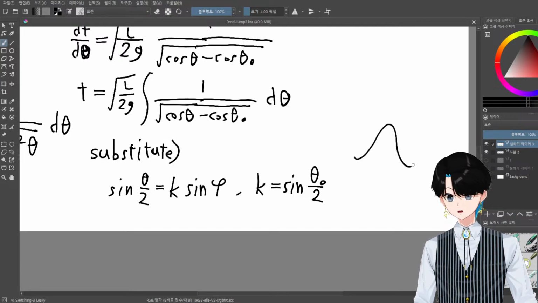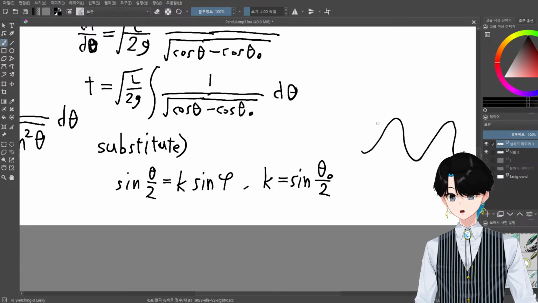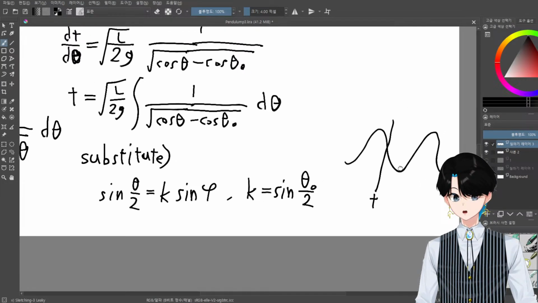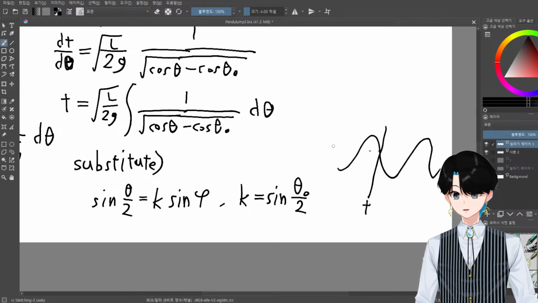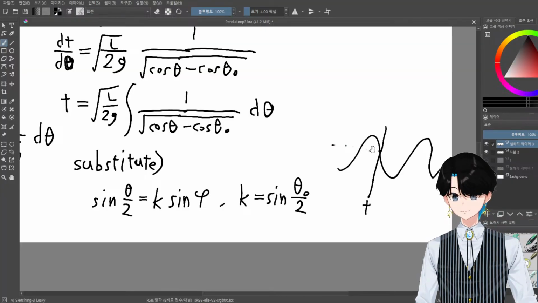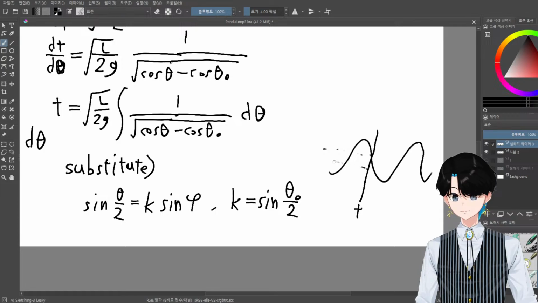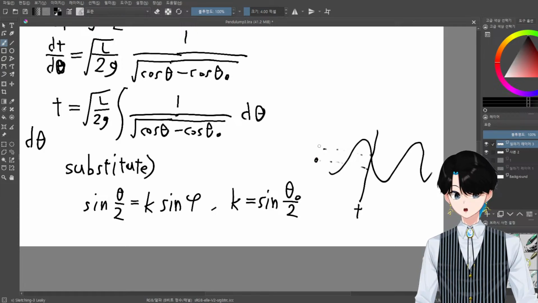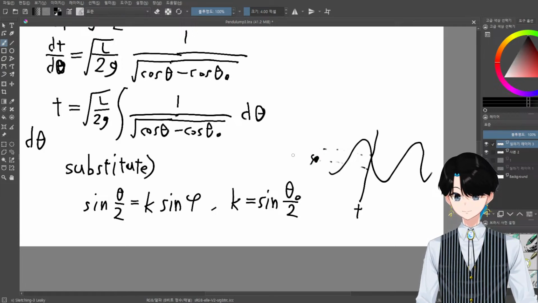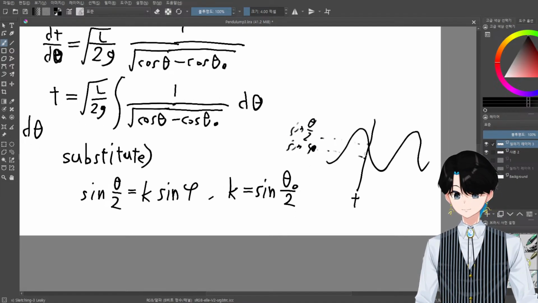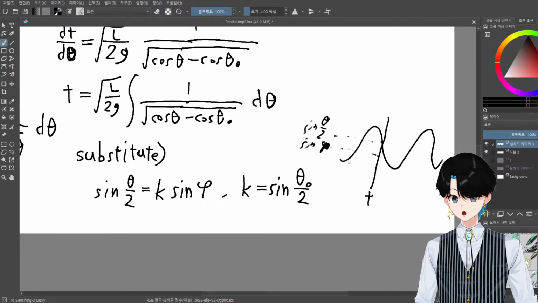It exists, something kind of looks like this, and at some single point of t right here, this is the value of sine theta over 2, and maybe the sine phi value might be here, and this is the sine phi value, and this is the sine theta over 2 value.